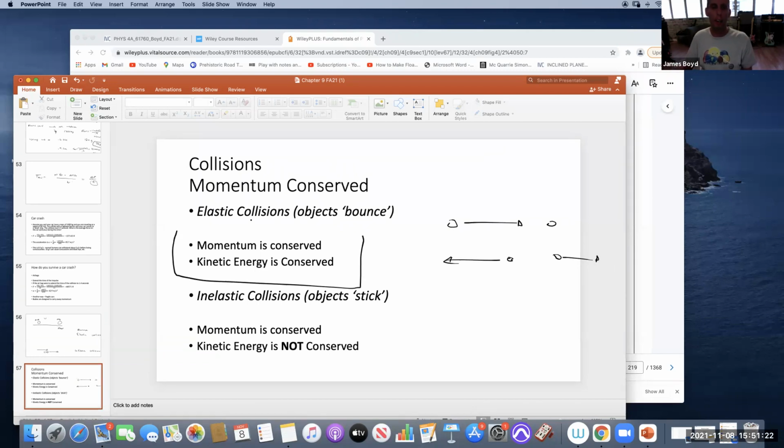In that type of collision, momentum is conserved and kinetic energy is conserved. Okay, that's kind of important. Do not try to write all this stuff down. At the end of this section on collisions, we will have 3 equations for you.